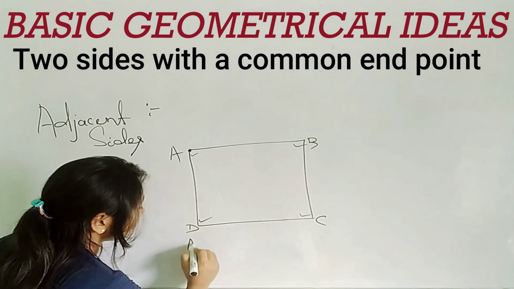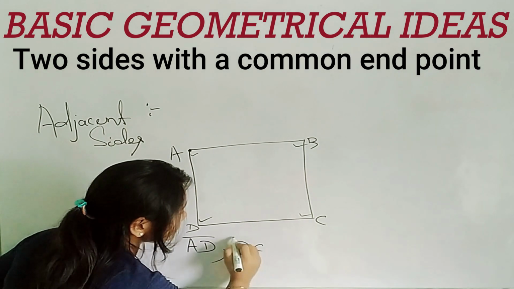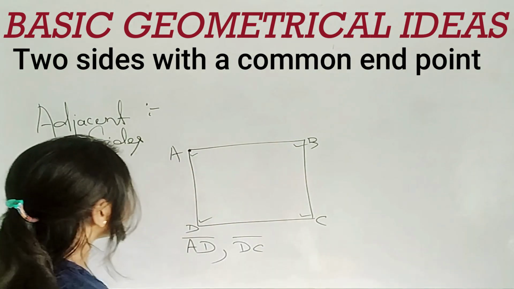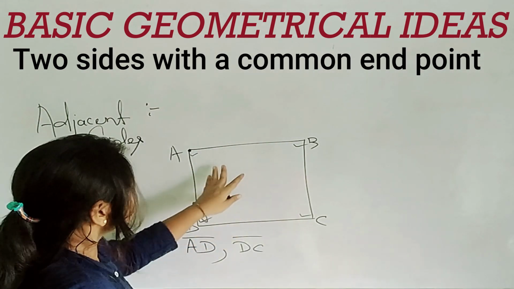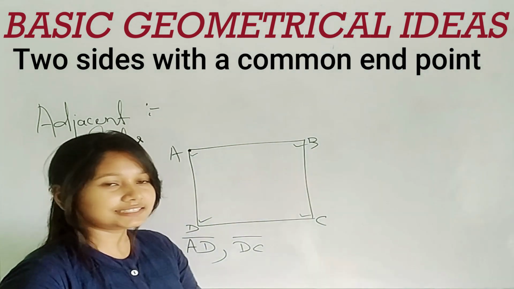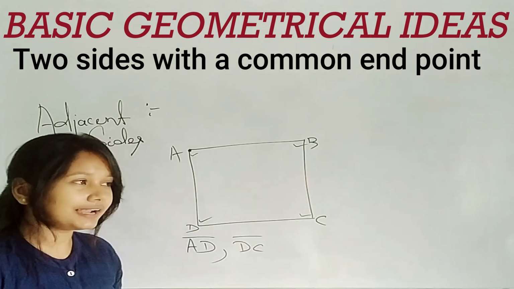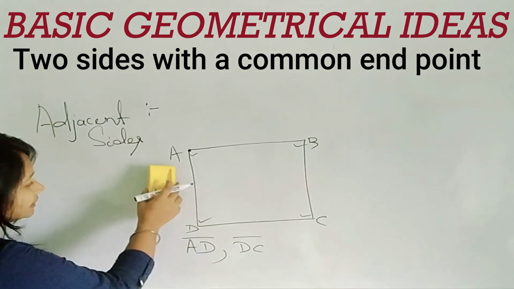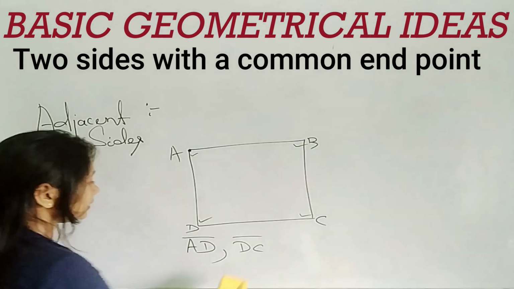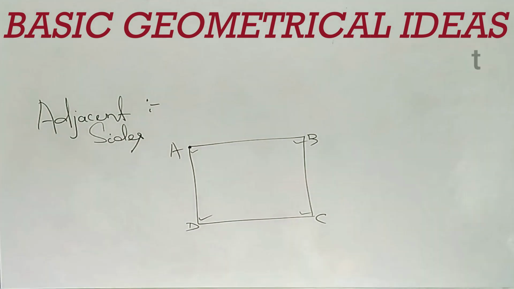In the same way, AB and BC can be adjacent sides, BC and CD can also be adjacent sides, and AD and DC are adjacent sides. Okay. Now comes our next point, that is diagonal.